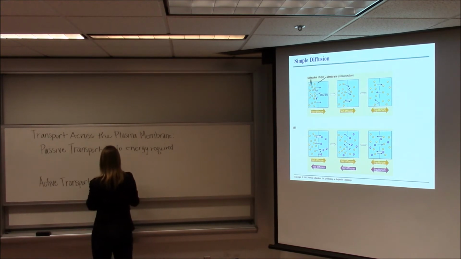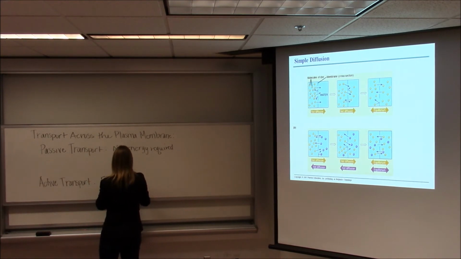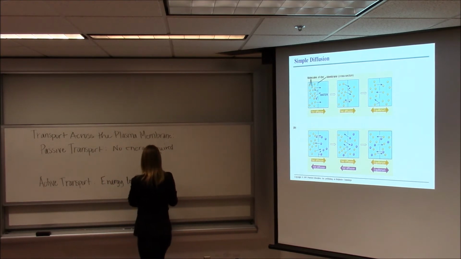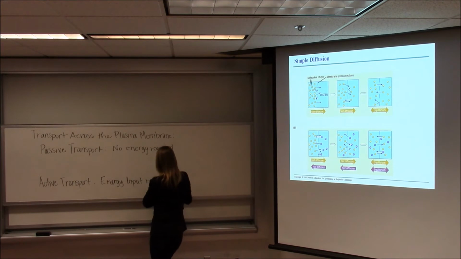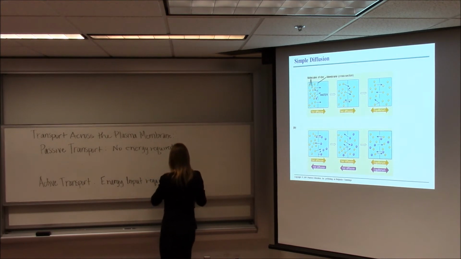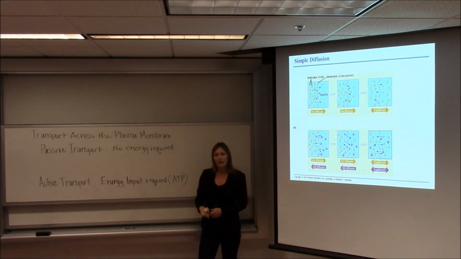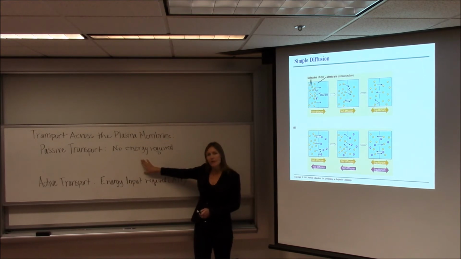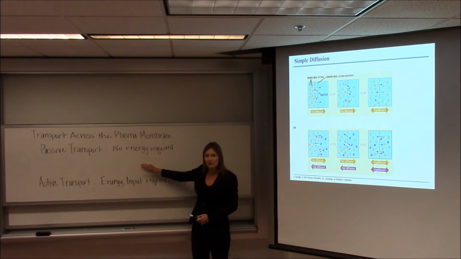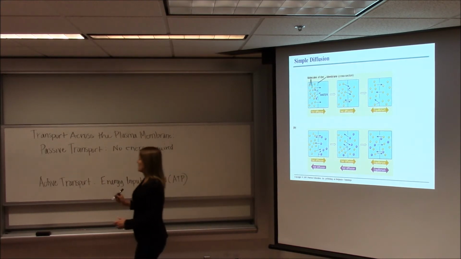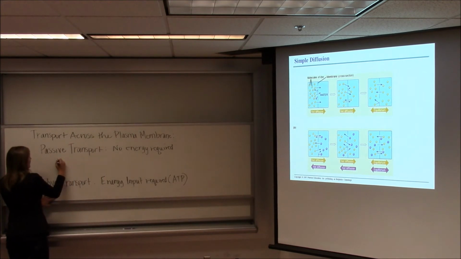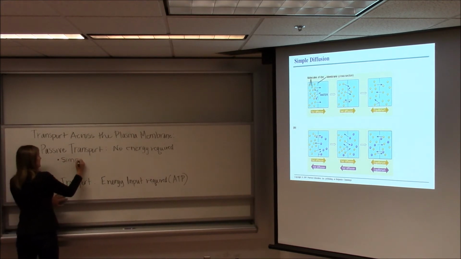So that's the big difference between these two, is that energy input is required in the form of ATP for active transport to occur. There are a couple of categories of passive transport that you need to understand. They're very important to your understanding of how things move in and out of the cell. And the first of those that we're going to look at is called simple diffusion.